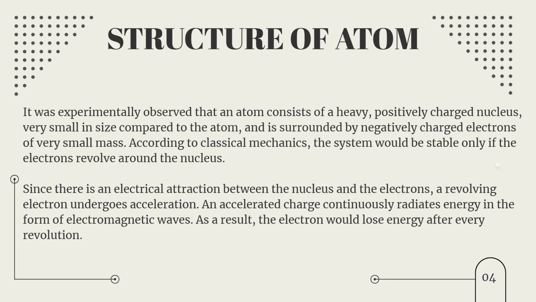Since there is an electrical attraction between the nucleus and the electrons, a revolving electron undergoes acceleration. An accelerated charge continuously radiates energy in the form of electromagnetic waves or radiations. As a result, the electron would lose energy after every revolution.